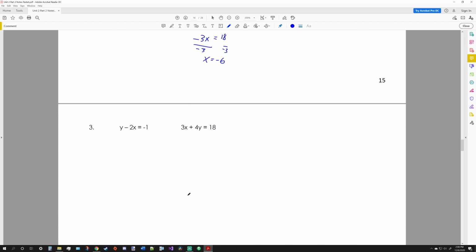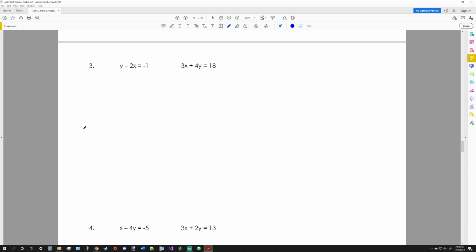So in this number 3, y is not by itself yet. But it looks pretty easy to get by itself, because all we have to do is get rid of this minus 2x. So we're just going to add 2x to both sides, and that will give me y equals negative 1 plus 2x.